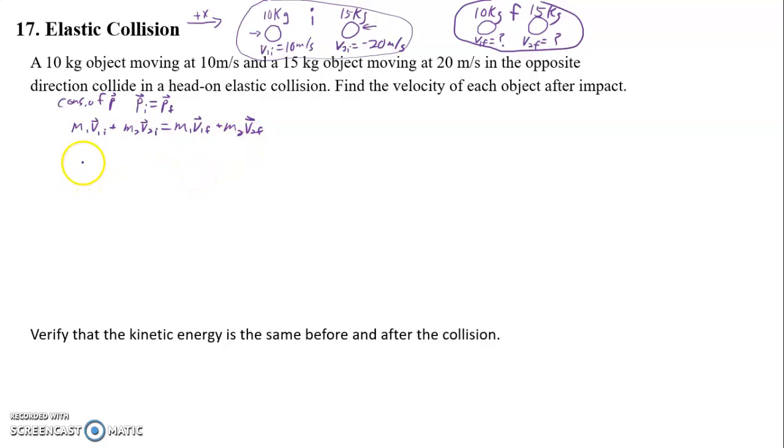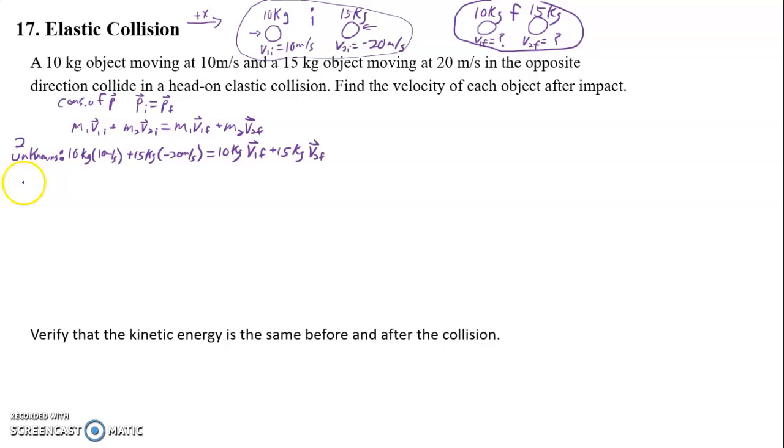Plugging in numbers: 10 kilograms times 10 meters per second plus 15 kilograms times negative 20 meters per second equals 10 kilograms times v1f plus 15 kilograms times v2f. This equation has two unknowns, so we can't solve it.